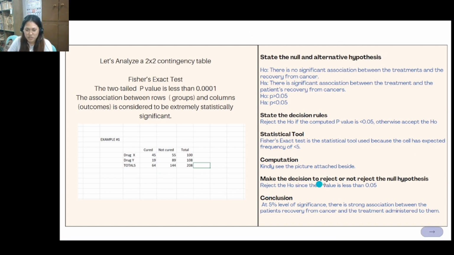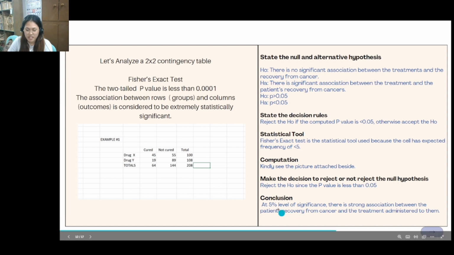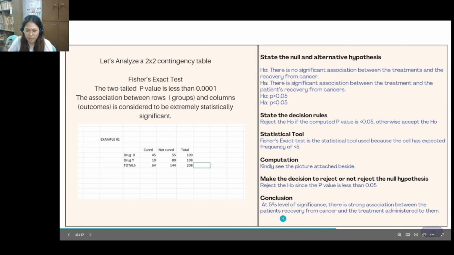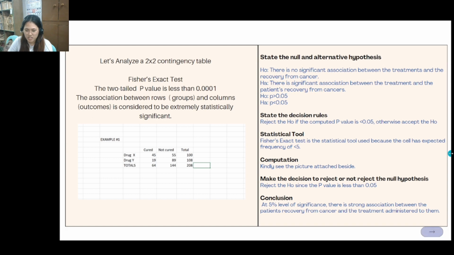Make the decision to reject or not reject the null hypothesis. We reject the null hypothesis since the p-value is less than 0.05. In conclusion, at 5% level of significance, there is a strong association between the patient's recovery from the cancer and the treatment administered to them.